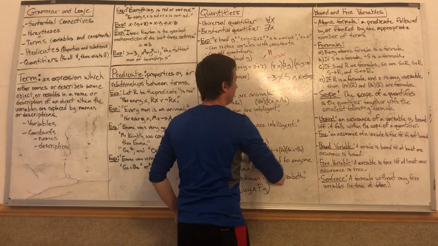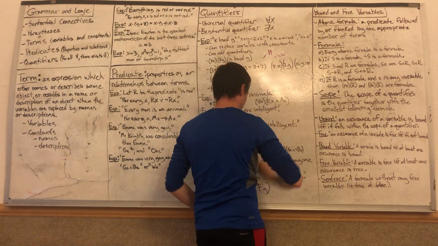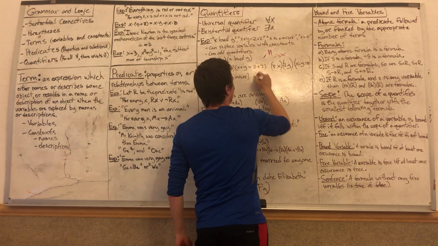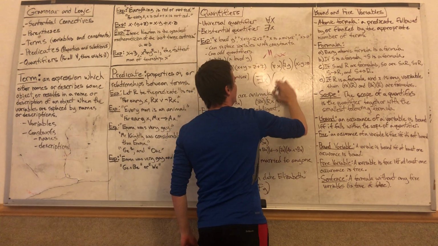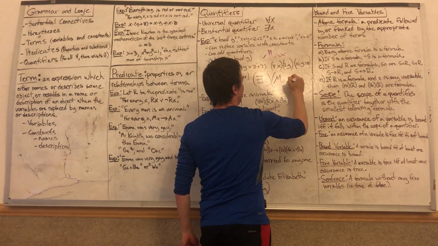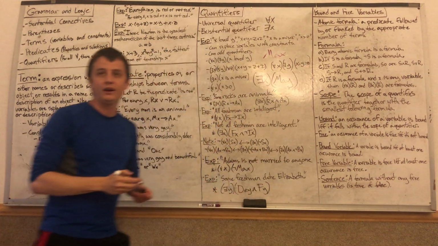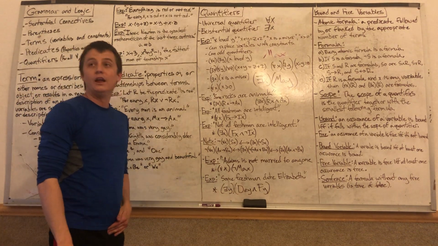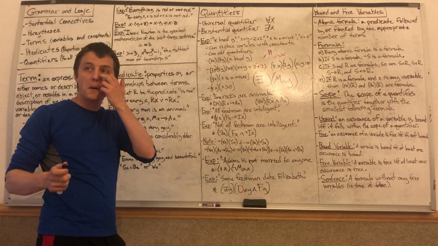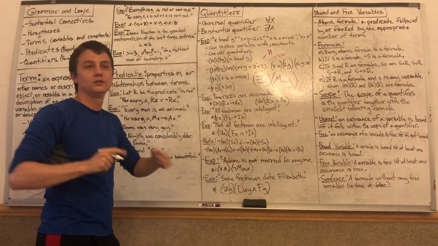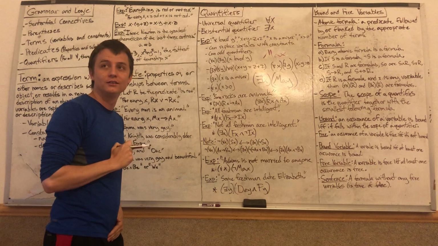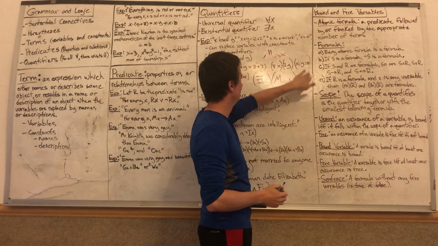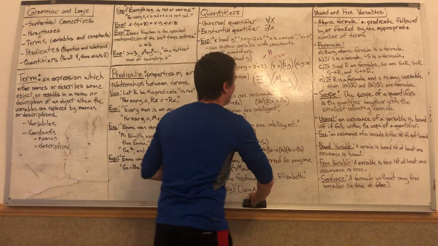For example, this is a formula, even though it's kind of weird: there exists X such that married applies to A and Y, even though the X didn't happen to be used. It's still just a formula. Maybe you continue with this and somehow make use of the X, maybe not.